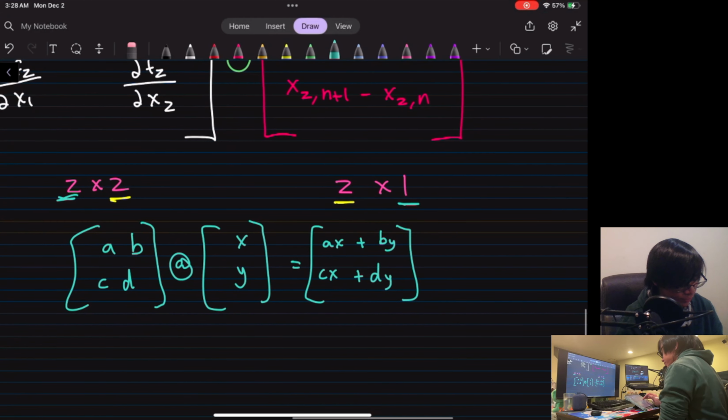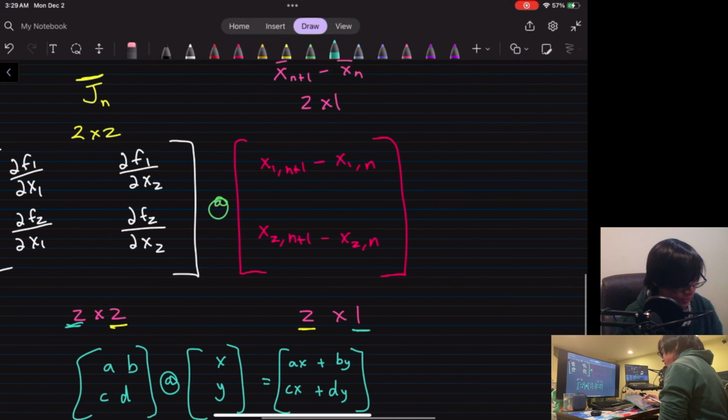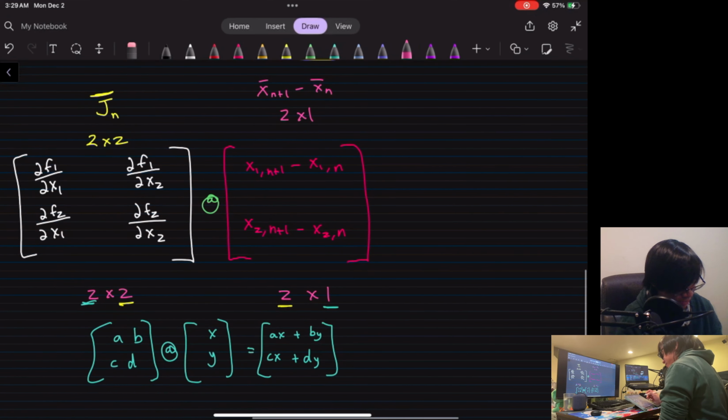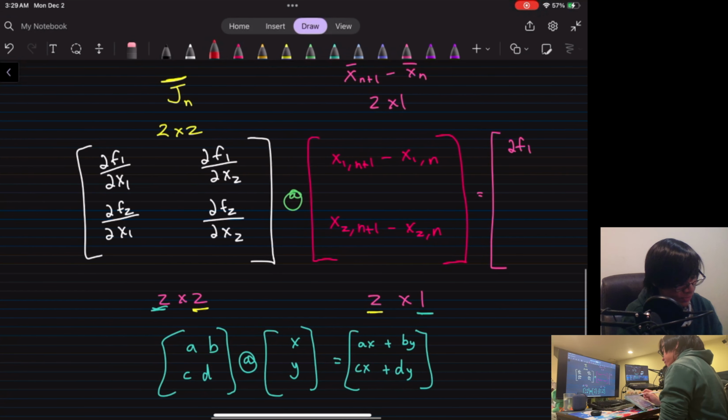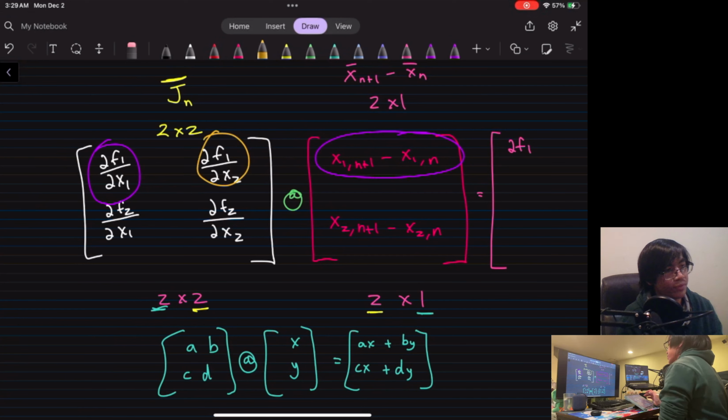If we write this out, it might take a bit, but I think it's good for a visual representation. We have partial derivative f1. I'll show it like this first. We have this component of the 2 by 2 matrix multiplied by the first row, and the second value for function 1 by x2, which makes sense. We are matching up partial derivatives with their corresponding x1s and x2s.